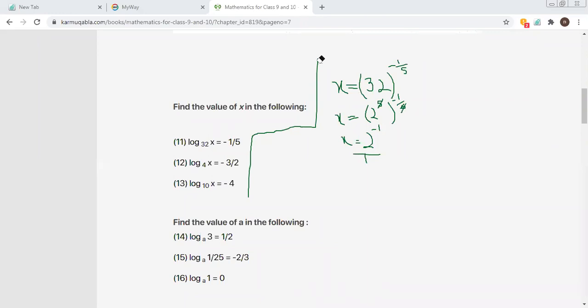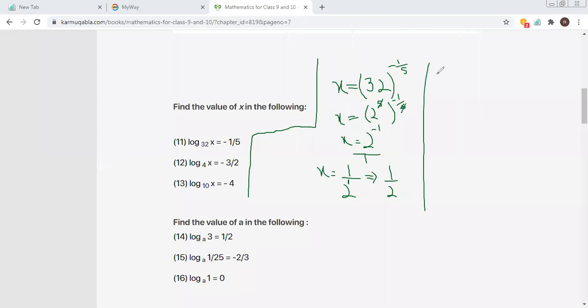It becomes 1 upon, reciprocal means interchange the terms, 2 power positive 1. Okay, and then our final answer will be 1 upon 2. Is there any confusion, class? No, miss. This is question number 11.